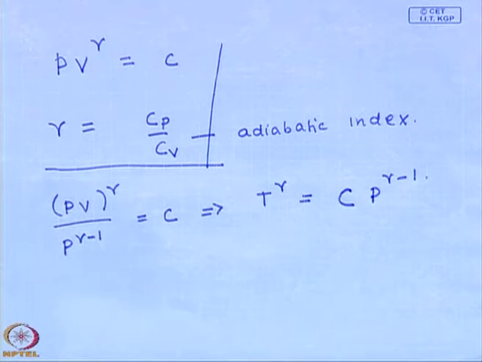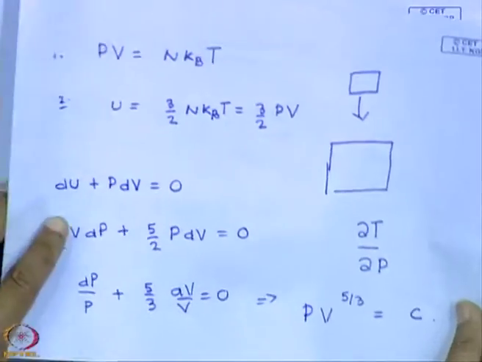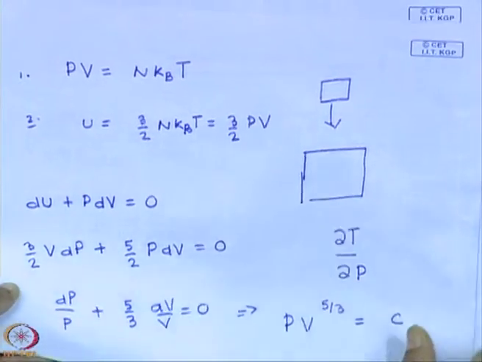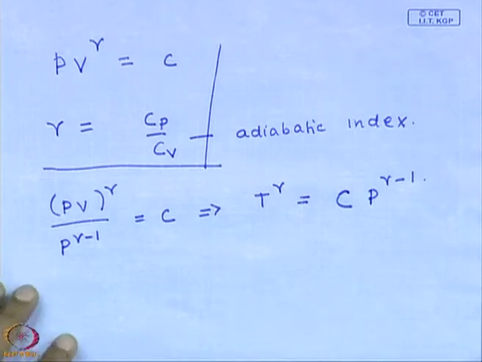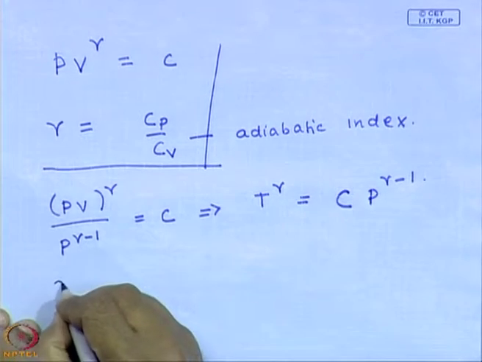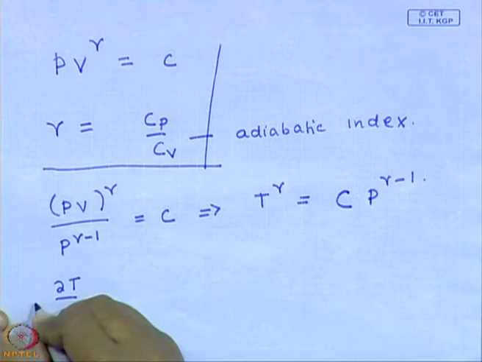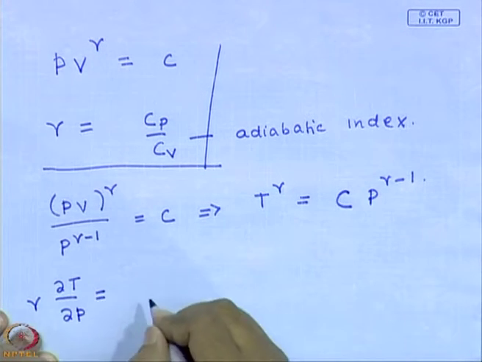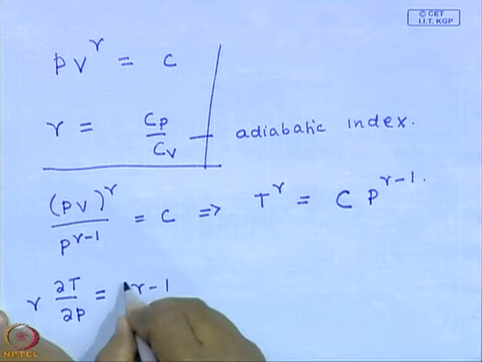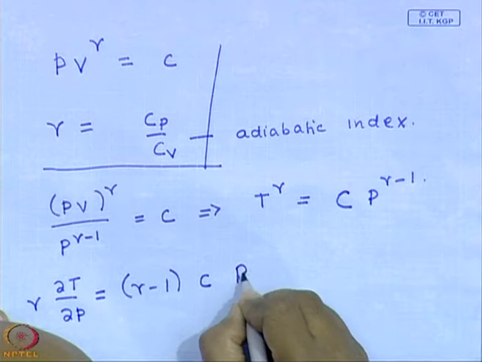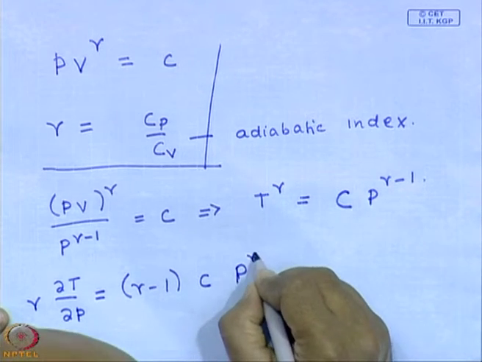And we can differentiate this now. So, we can differentiate this, del T del P, and if I differentiate it, what I will get is that del T del P into gamma is equal to gamma minus 1 C P to the power gamma minus 2.